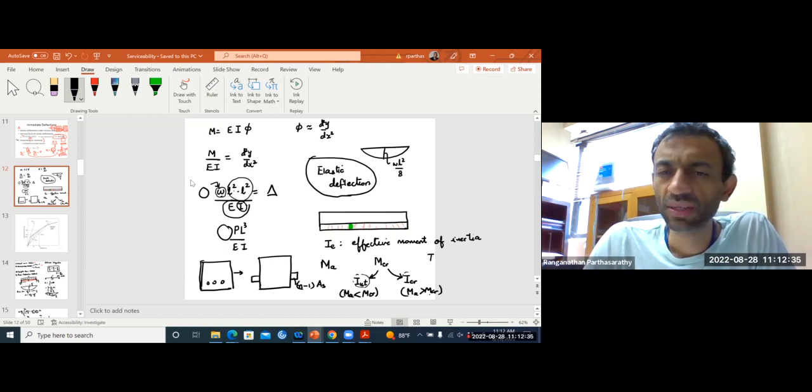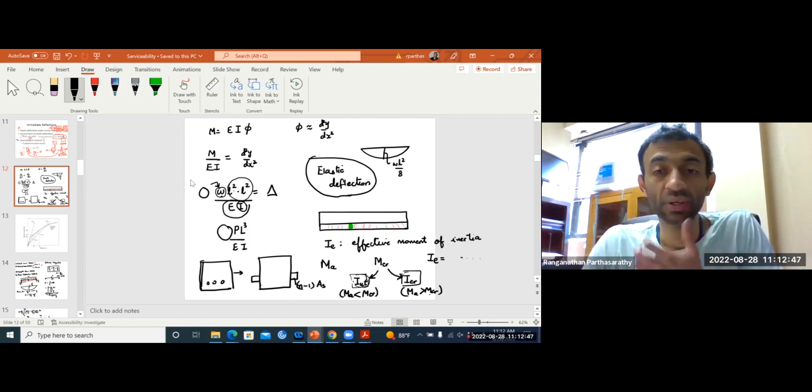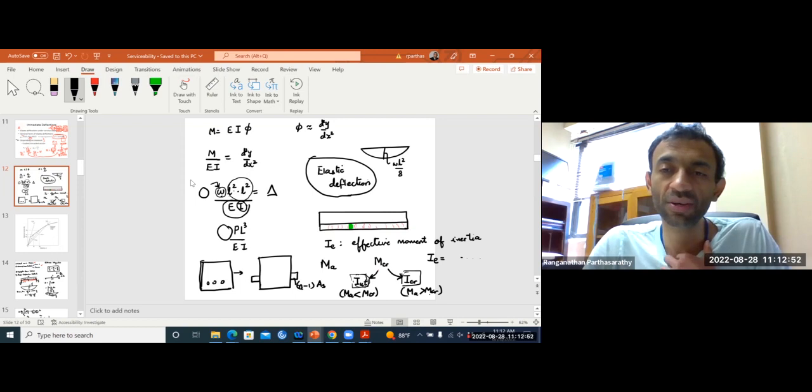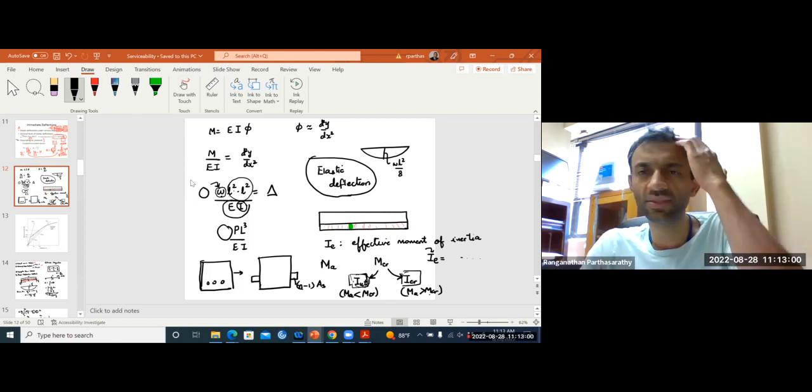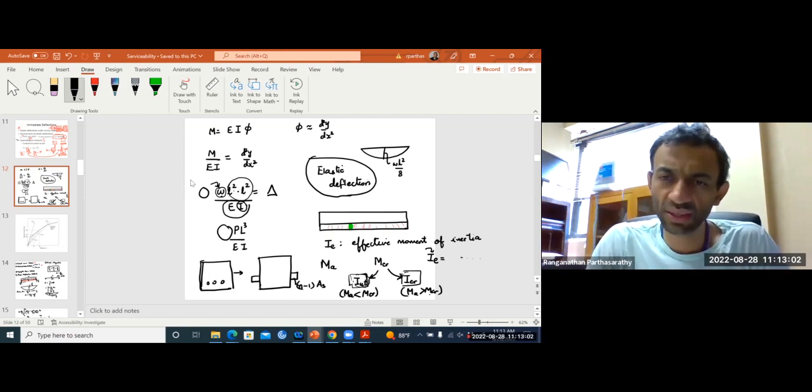So we will use I effective, which is somewhere in between I uncracked transformed and I cracked, which is some kind of average, interpolated value. So if your applied moment is quite small, then you will get I effective very close to I uncracked transformed. And if your applied moment is very large, then it is almost cracked everywhere, and you will get it very close to I cracked.